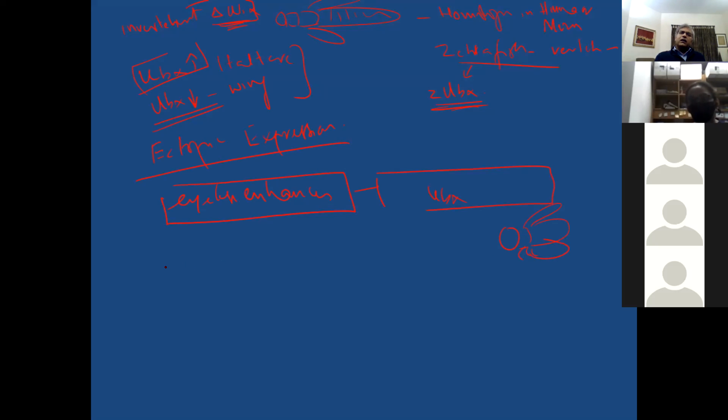Or I take the wingless enhancer. This is an enhancer for wings, the wingless pathway. I clone UBX. Now what I am doing, normally UBX is off in eyes, so I'm ectopically expressing. I'm expressing UBX away from its natural location, which is in the haltere. If I use wing specific expression, now what will happen?